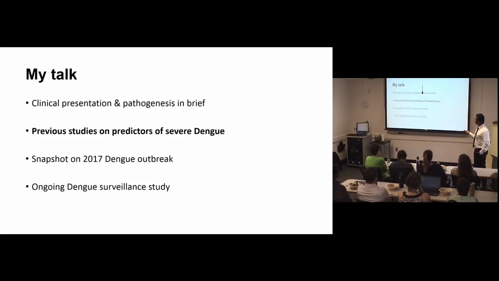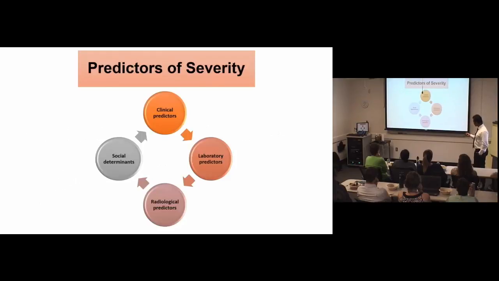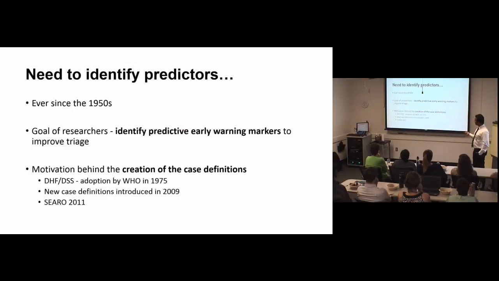It's spreading rapidly. So I've come to the second part of my talk, which is the previous clinical studies on the predictors of dengue. Since the 1950s, people have been trying to identify the clinical or laboratory predictors which would predict severe disease in dengue. Because of that, people have created certain case definitions as well.